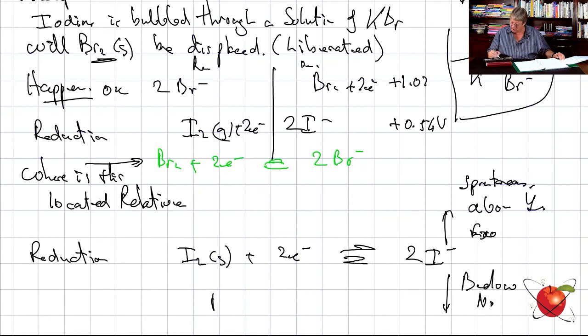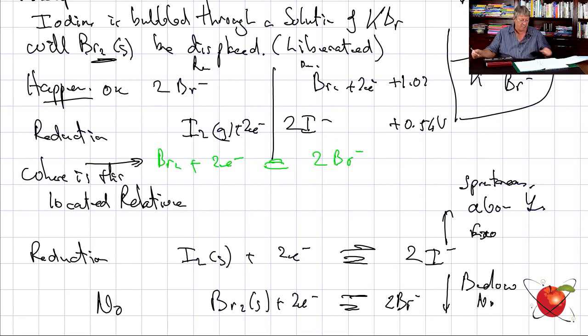So this is Br2 gas plus 2 electrons going to 2Br minus. So the answer is no. It won't happen. It's not spontaneous because it's below. Chlorine will displace I2 gas.